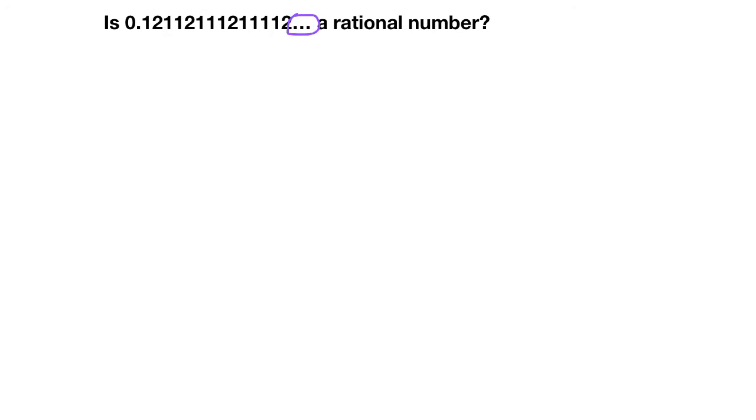Remember, it's not just a pattern that you're looking for, but it is the same block of numbers repeated infinitely. 0.121121, that's a good start, but if we notice, we have after 121, 121, 112, 11112. This again is one of those patterns they'd like to throw in there where all they're doing is adding a number rather than repeating the same block. So no, this is not a rational number.